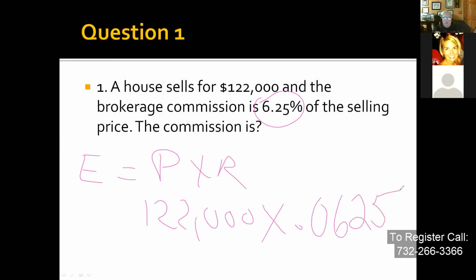So we would go 122,000 times 0.0625, and that would give us 76.25 would be the commission that came in. 122,000 times 0.0625 is 76.25.